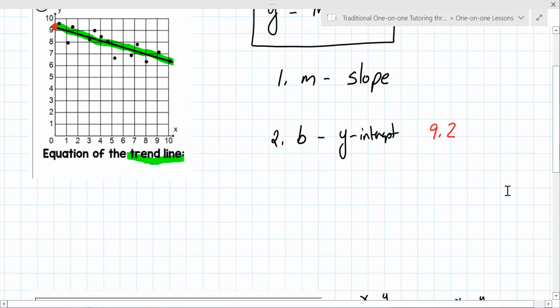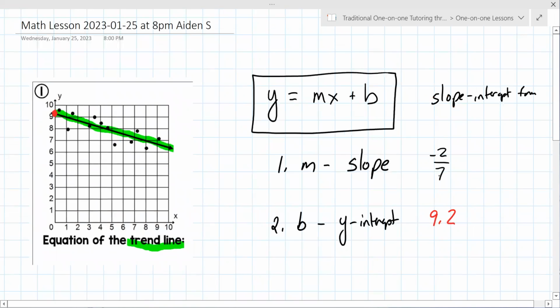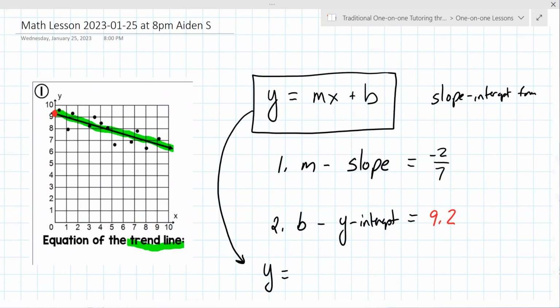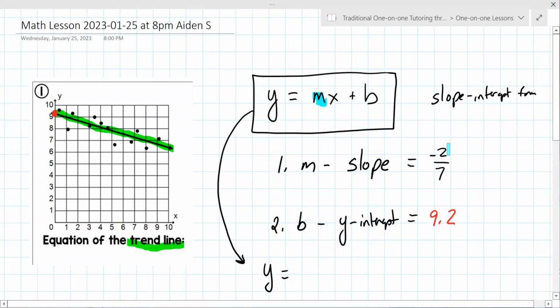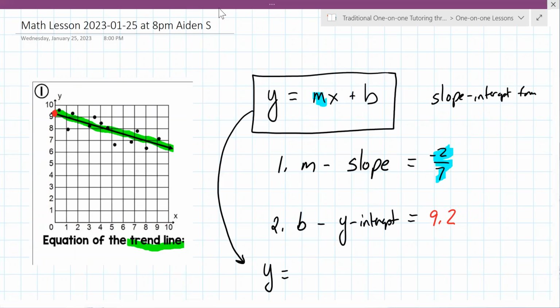Now, the reason you need the slope is because you need both of these for the equation. So you write the equation, you write y equals, instead of m, what do you replace m with? -2 over 7. And what about b?